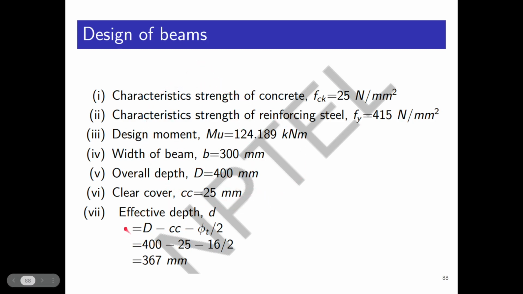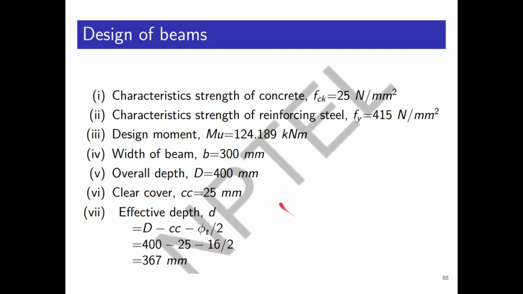If we know this, we can find the effective depth small d, which is capital D minus cc minus phi t by 2. We have also assumed the reinforcement bar diameter is 16 mm. Therefore effective depth will be 400 minus 25 minus 16 by 2, which is 367 millimeter.